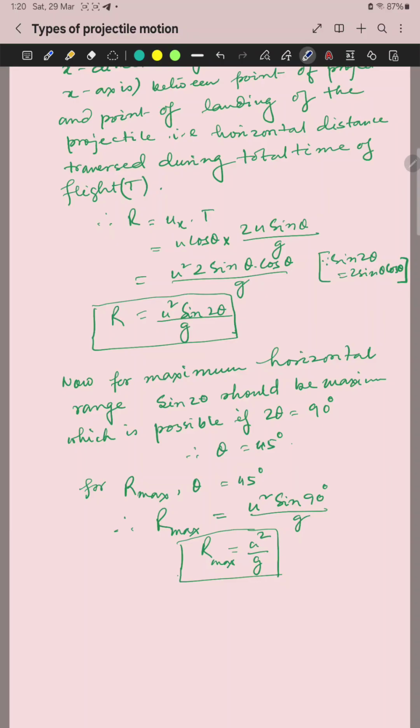Now if you are asked to find the maximum horizontal distance covered by the projectile, for that we have to get sin 2 theta to be maximum.